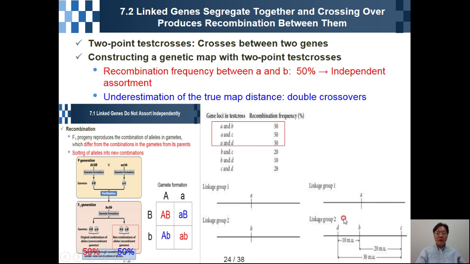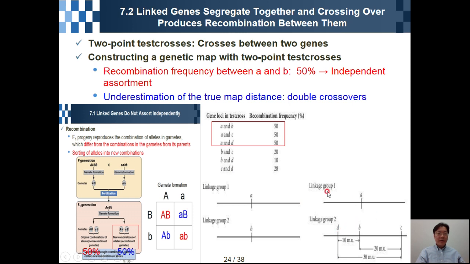How about when we cross B and C? B and C is 20%, so B and C are located on the same chromosome. How about B and D? The recombination frequency is 10%, so they are also on the same chromosome. How about C and D? C and D is 28%, so C and D are also located on the same chromosome.